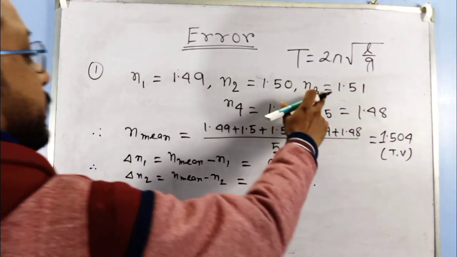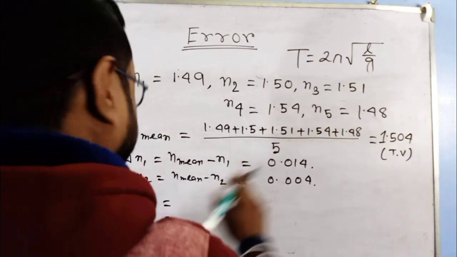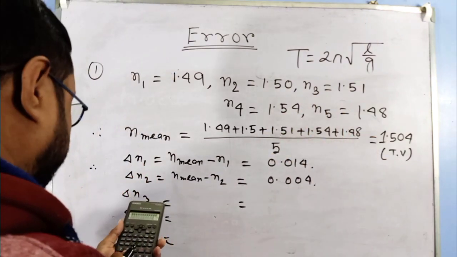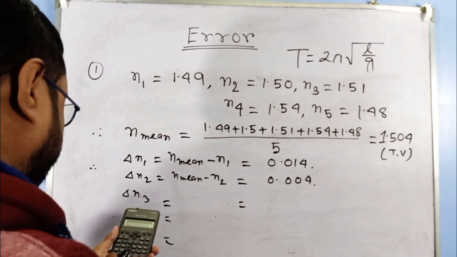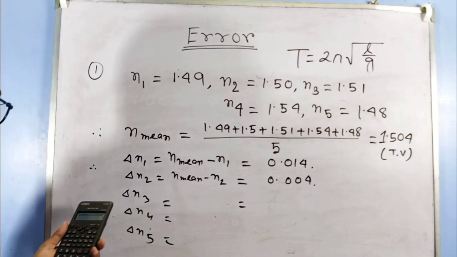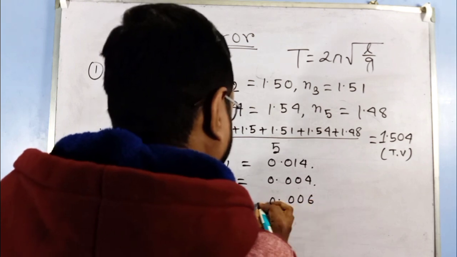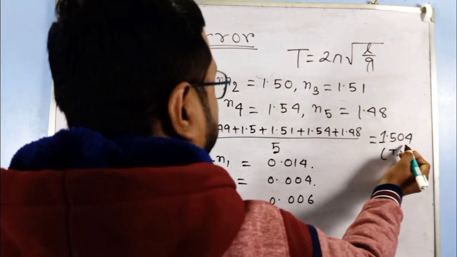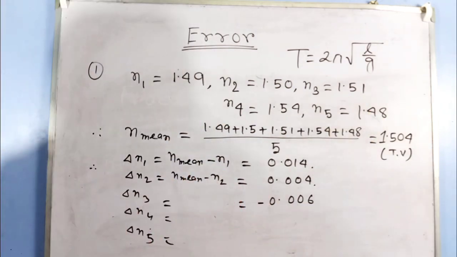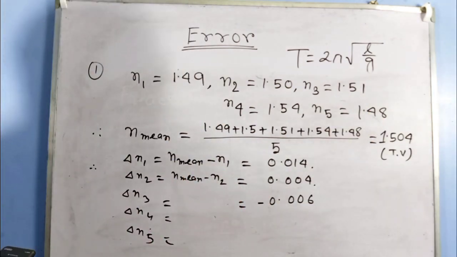If we take n3, that is 1.51, 1.504 minus 1.51 is 0.006, but with a negative sign, because 1.510 is greater than 1.504.